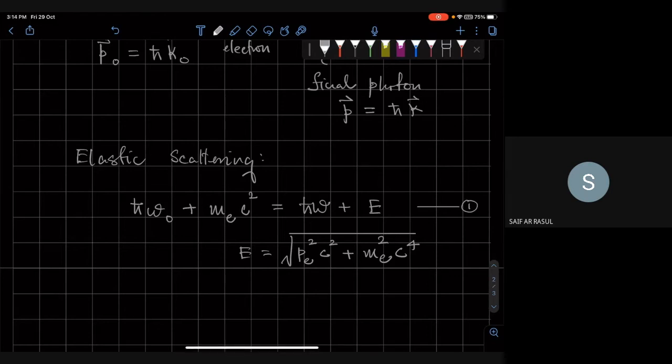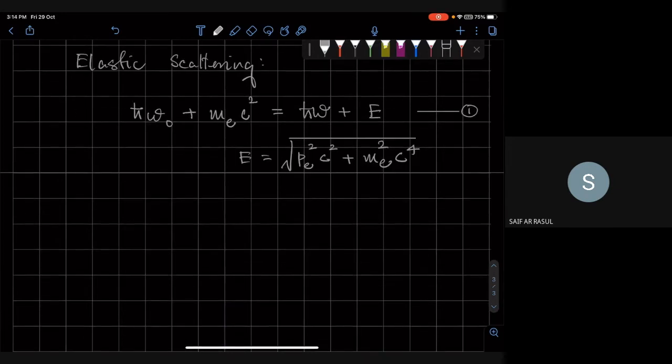So this is one equation. Then what are the other equations? So this is energy conservation. But we also need momentum conservation.